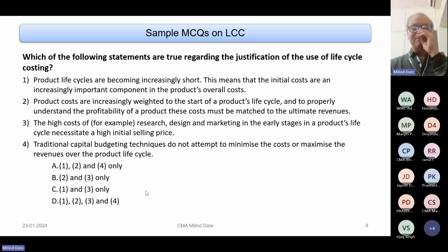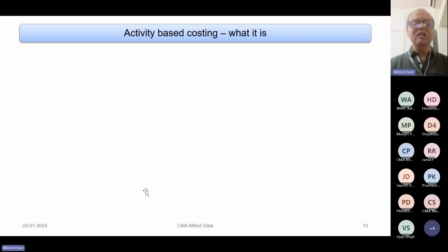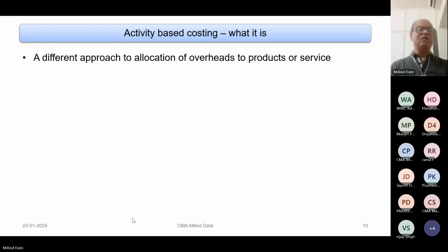Let's now look at activity-based costing. Again, a concept which you would have certainly learned during your CMA final, an approach which is different from the traditional approach with regard to allocation of overhead costs either to the product or to the service. Now, traditionally, we use a lot of methods of allocation, apportionment, absorption of overheads using traditional methods.